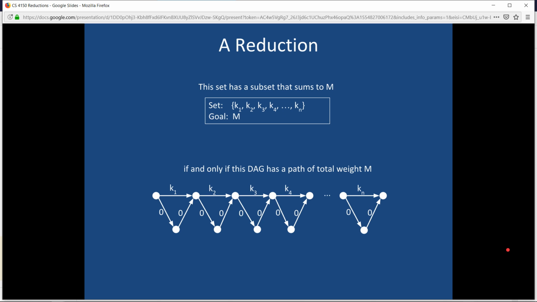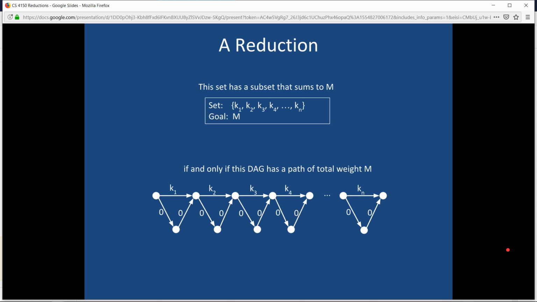Let's say K1 were 0, and we found a solution that involved adding K1, K2, skipping the rest, and adding Kn. Then we throw away all the 0 edges, and all that's left is K2 plus Kn. Well, that's still a solution. If there's a 0 in that set, then any solution we find is going to have another solution. There's going to be a solution with the 0 and one without, so it doesn't matter.